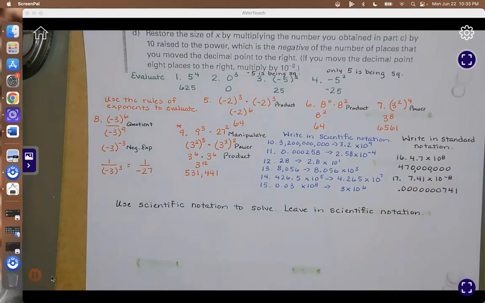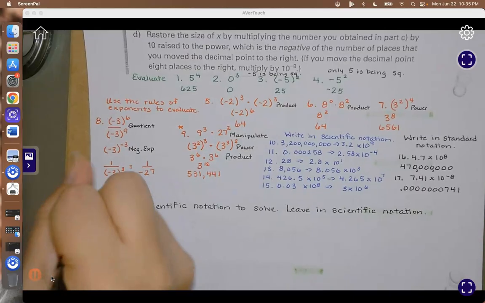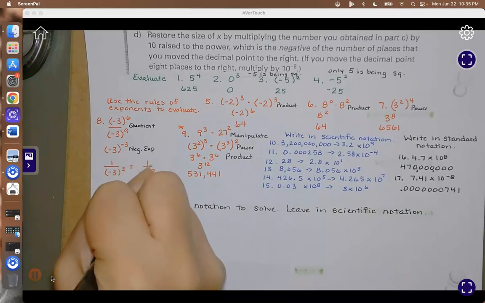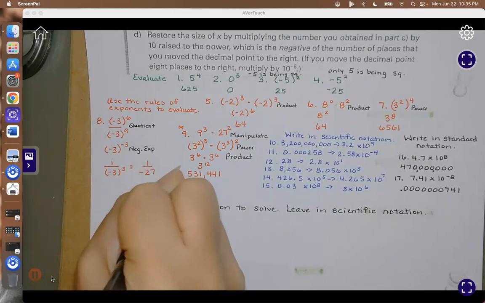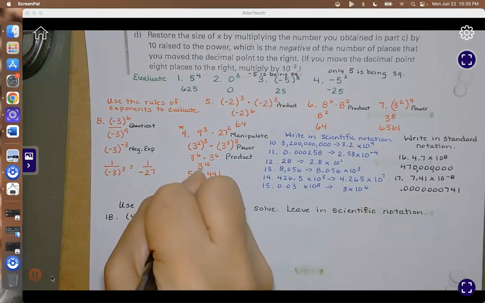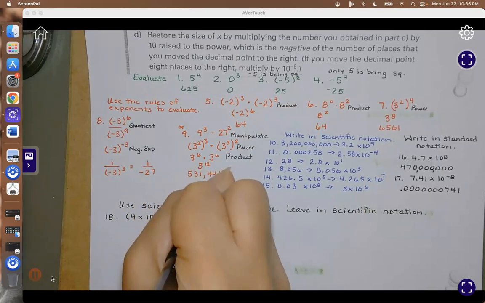Okay, so the way you work these problems, so problem 18, we have 4 times 10 to the third. We're going to multiply it times 2 times 10 to the fourth.